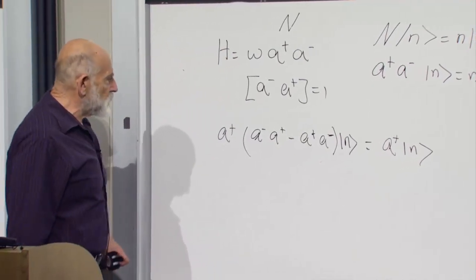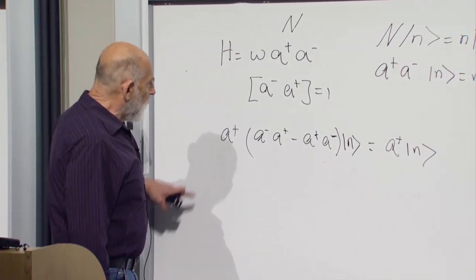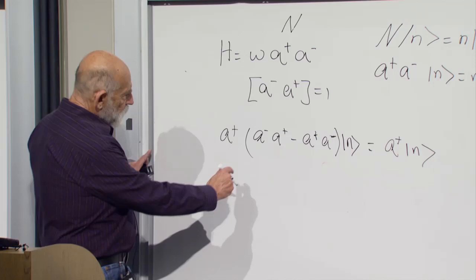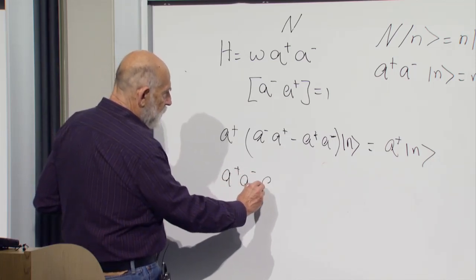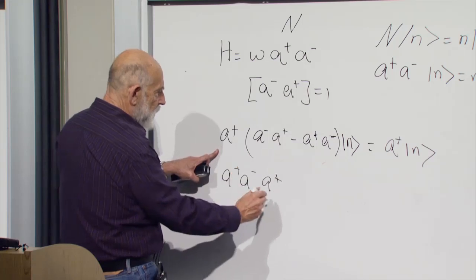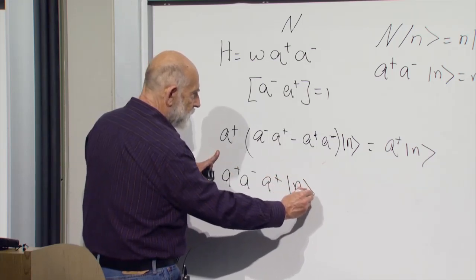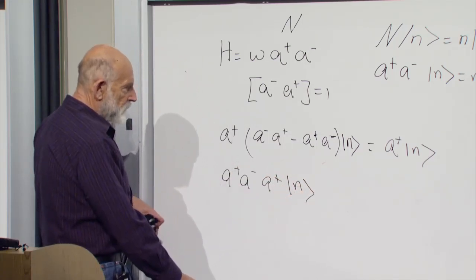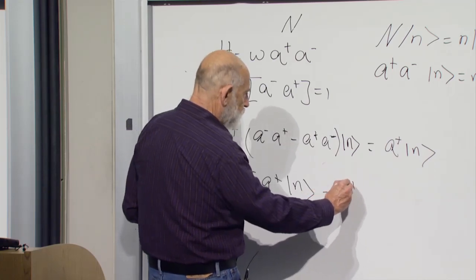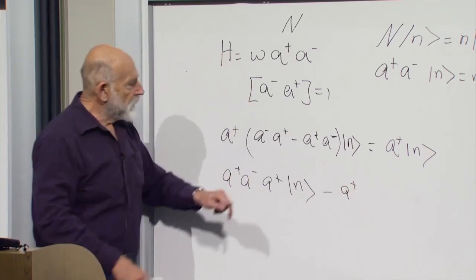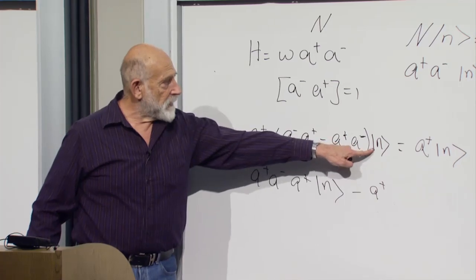Okay, so now we have an equation. Let's see what we get. First of all, we have a plus, a minus, a plus. That's the first term here on n. Now what about the second term? Minus a plus, what's a plus a minus on n?